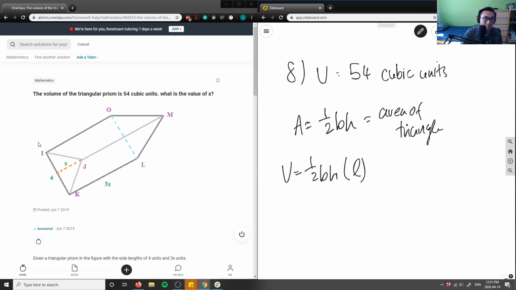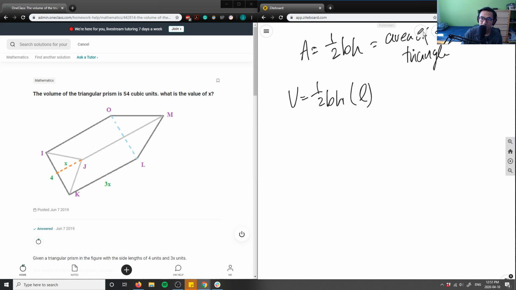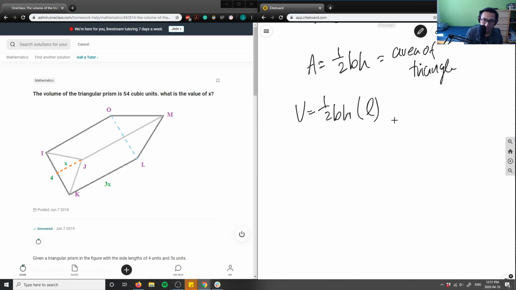I would need to multiply some sort of length to get that extra dimension. So this would be my equation here. And then I'm already given my volume, right? It's 54, right? So 54 equals half, and then base, height, and length here. In this case, the base here is 4, so half times 4. The height, I don't know, right?